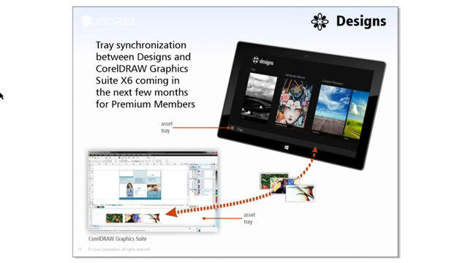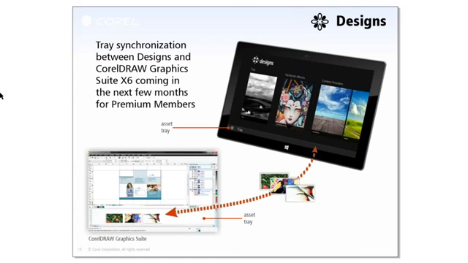Designs is really a tool that enables you to browse and find content from different sources for you to consume, from stock photography, from our communities, and with the next release you'll also be able to search the Corel content. On top of that, Designs, the Windows 8 modern UI application, also has a tray functionality.